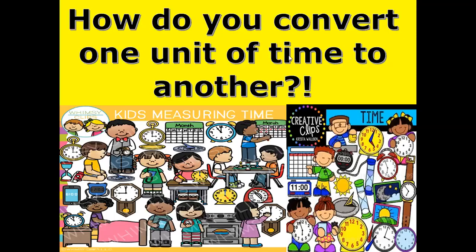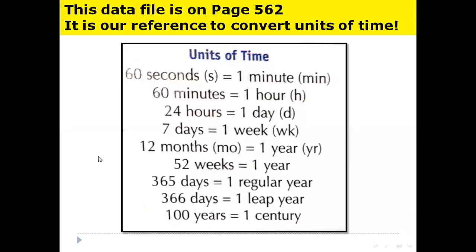How do you convert one unit of time to another? That is our main thing in our lesson. We're going to convert between hours and minutes, minutes and seconds, years and days, and so on. So pay attention very well to the procedures of converting between units. Now, first of all, the units that we discussed together are already in the book, page 562.